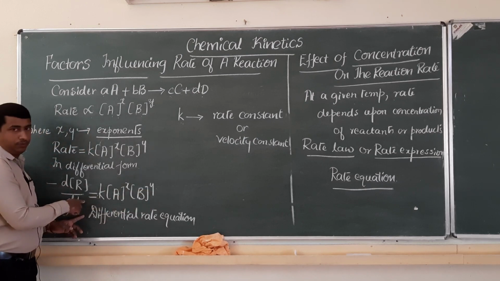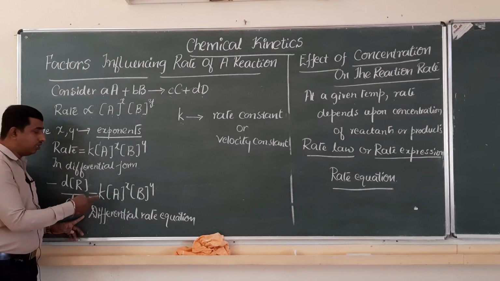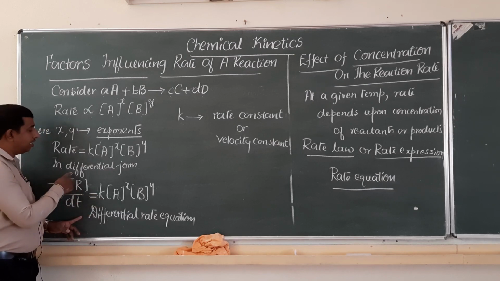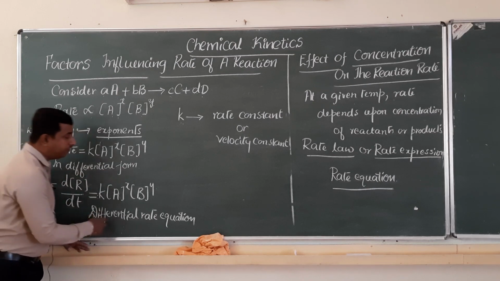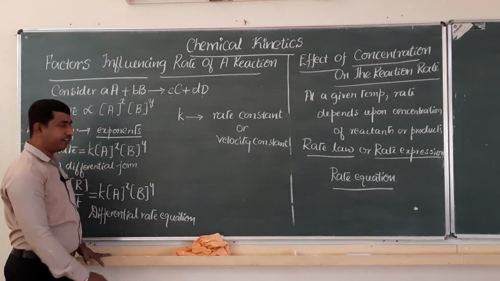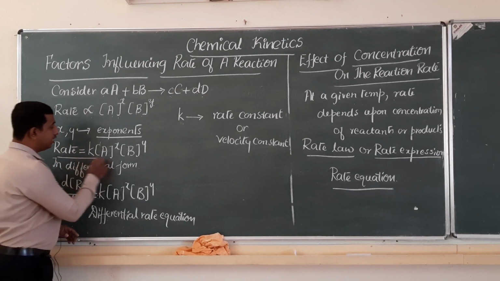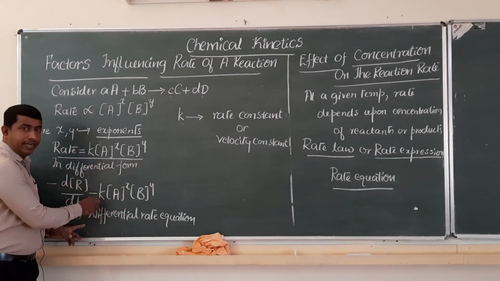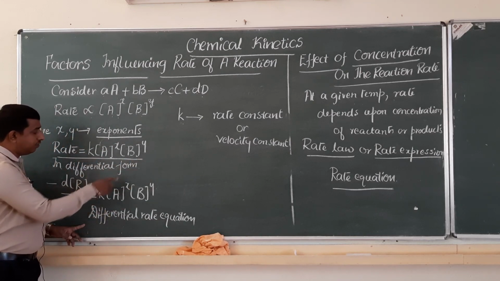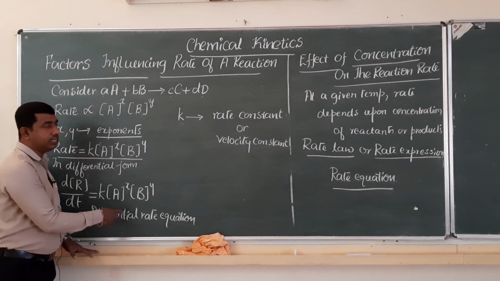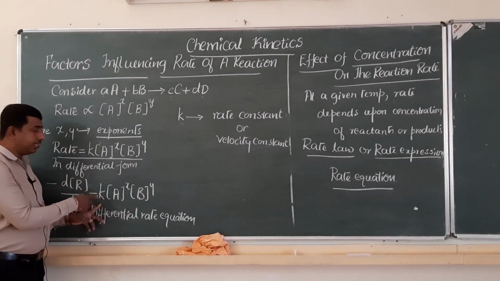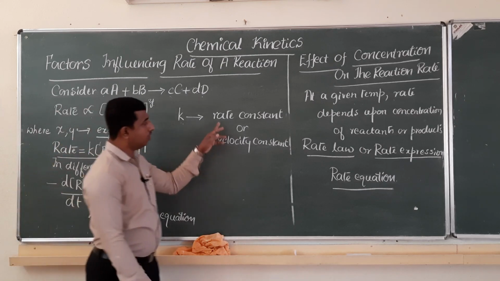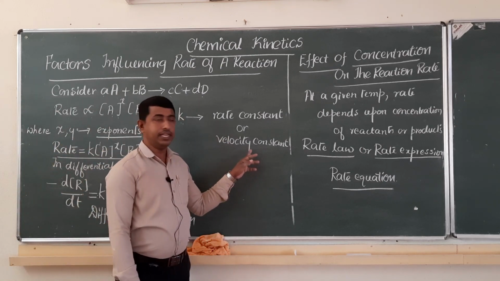This is the rate law, or rate expression, also called the rate equation. Since it is in differential form, it is named the differential rate equation. This is also a rate law, but in differential form. The proportionality constant k is called the rate constant or velocity constant.